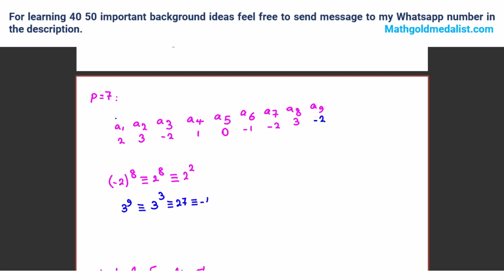So let's see. Here we should raise the previous one to the power of 2. We should raise the previous one to the power of 3, to the power of 4, to the power of 5, the power of 6. And we can say it is to the power of 7. We can say to the power of 1. a to the 7 is a. This one again is to the power of 2, to the power of 3. And as you can see, this negative 2 is to the power of 3.